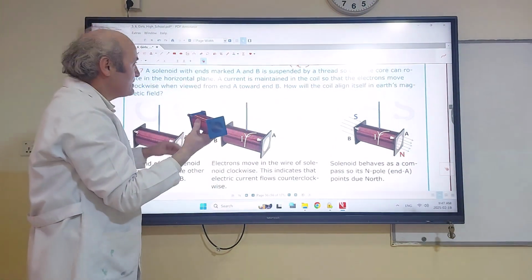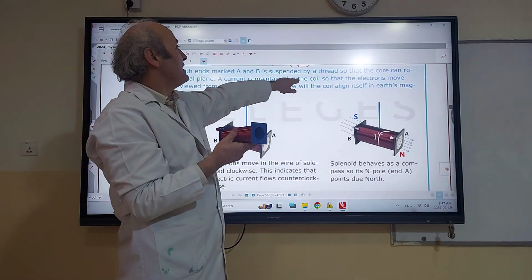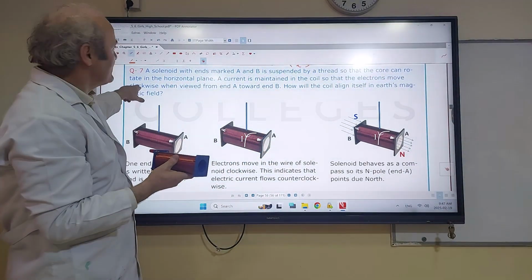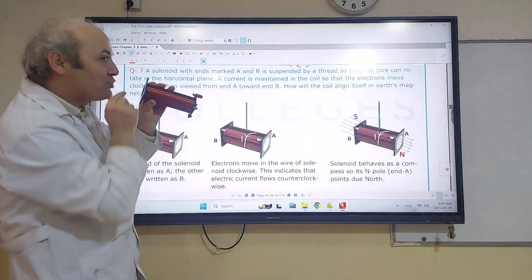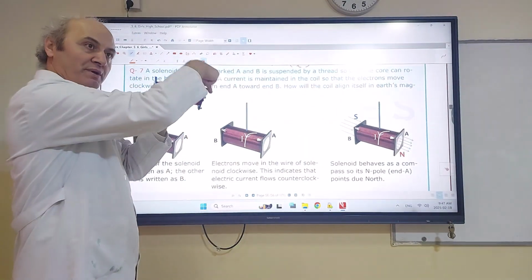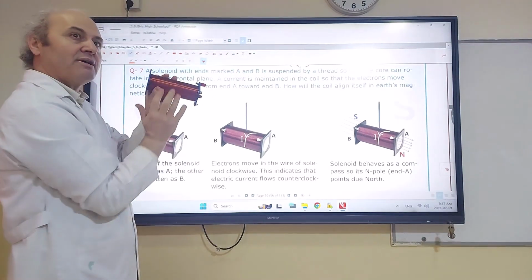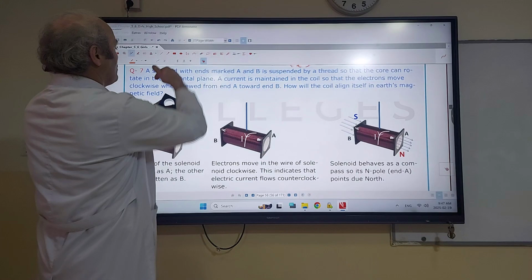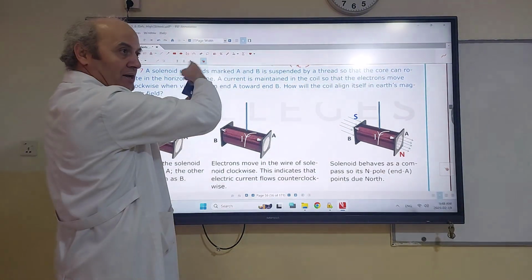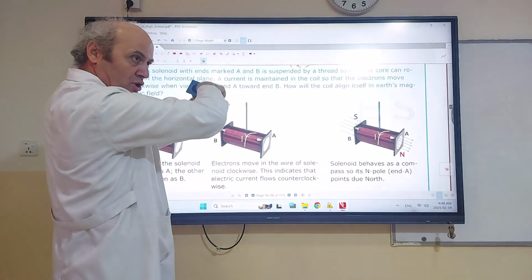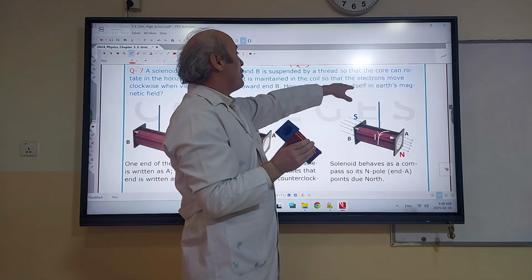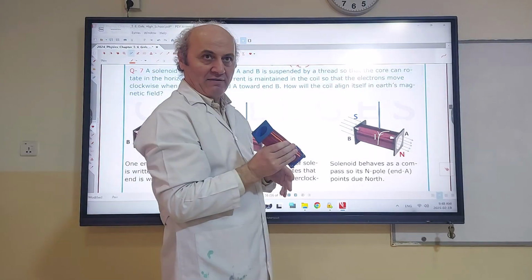A current is maintained in the coil so that electrons move clockwise when viewed from A to B. When you look from A to B, you are going to observe that electrons are going clockwise, this way. Good. So looking from A to B, you see electrons moving clockwise. How will the coil align itself in Earth's magnetic field?